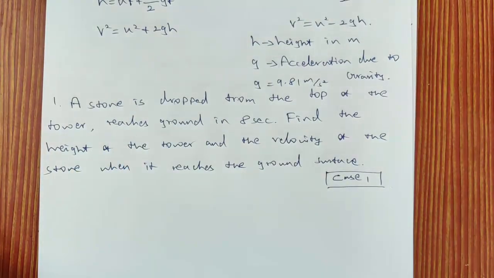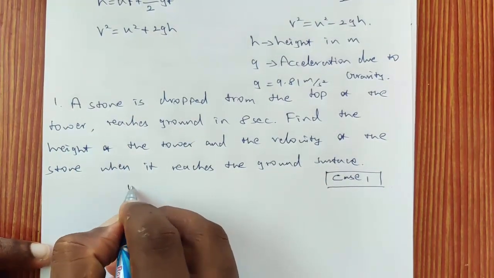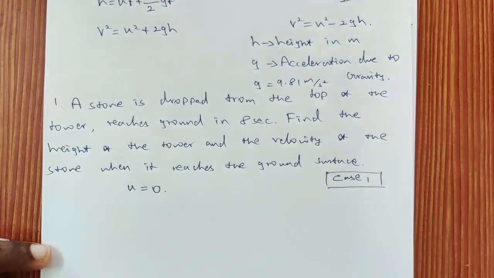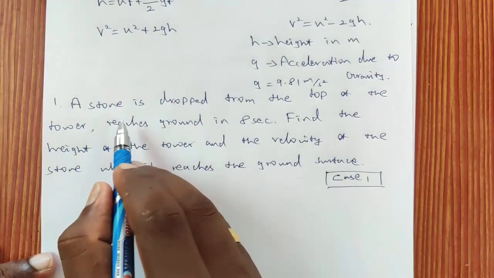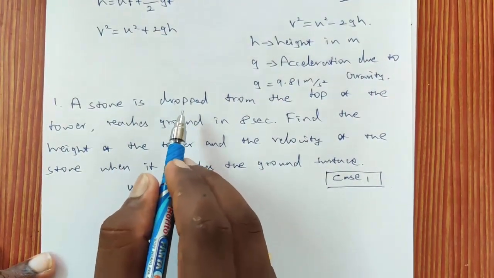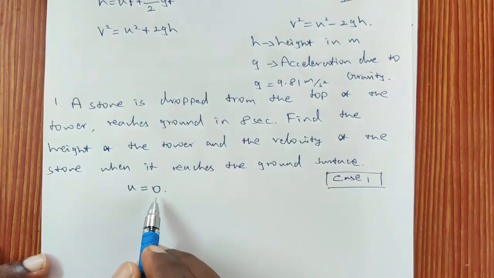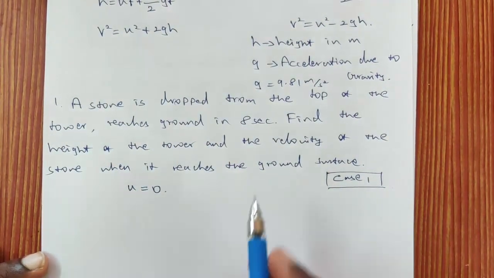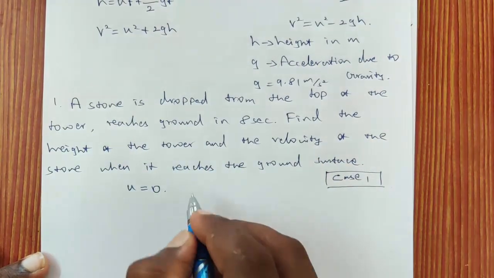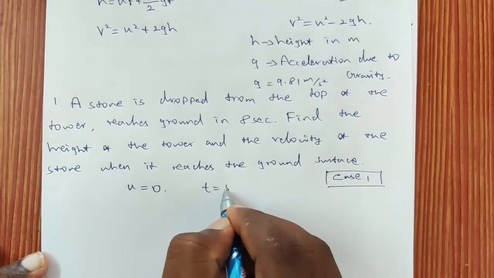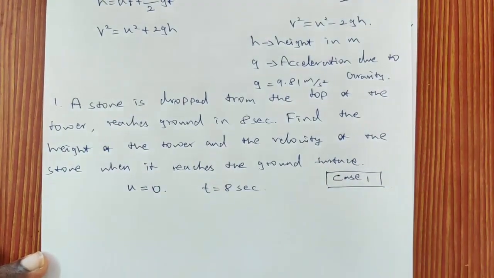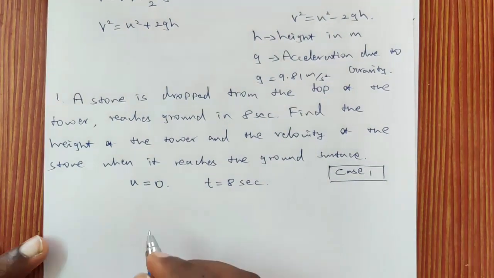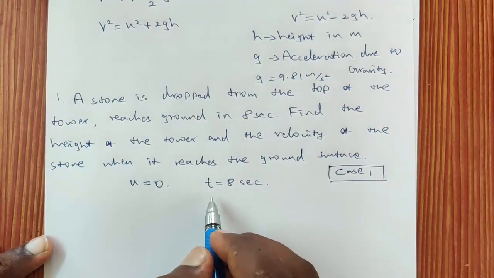The stone is dropped, which means the initial velocity u is equal to 0. That is very important. If the stone or the particle is dropped, then the initial velocity is equal to 0. Then it reaches the ground in 8 seconds, so t is equal to 8 seconds. Now we have u and t values.